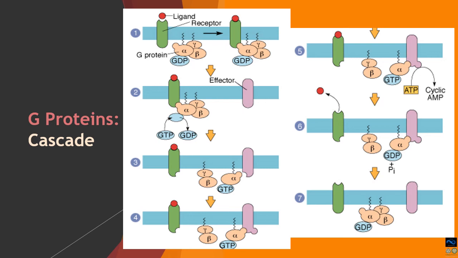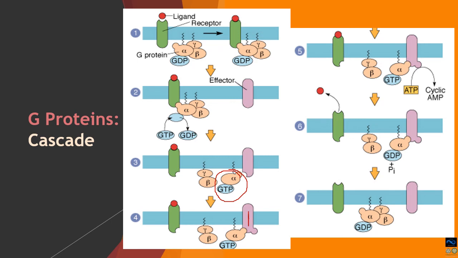It in turn forms the ligand-receptor complex or hormone-receptor complex, which in the second step leads to the GDP-GTP switching. GTP switching for GDP leads to the breakage of this trimer into the gamma-beta and alpha-GTP, which is the mediator.